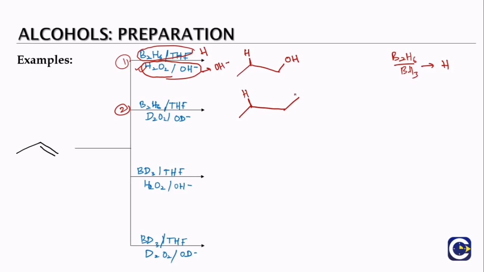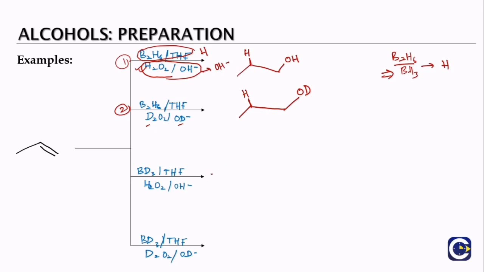Now in this case we have to be clear that we are using deuterium, we are not using hydrogen. So the product will be OD. If we know where the H comes from and where the hydroxyl ion comes from, then we can directly predict the product of the reaction. So it will be OD in this case.